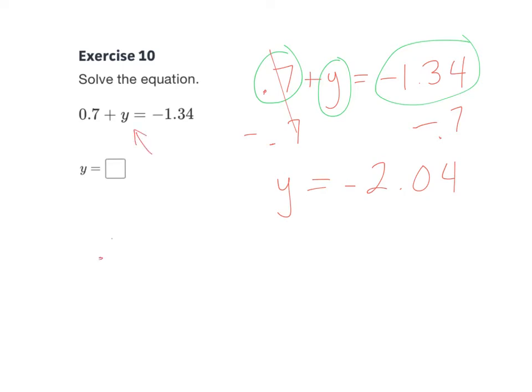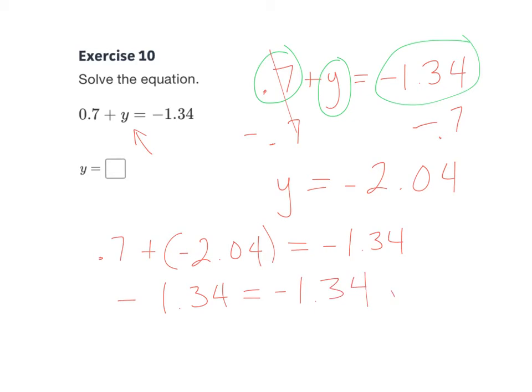So I'd have 0.7 plus a negative 2.04, and that's going to equal negative 1.34. I'm just going to use a calculator to make sure that I'm doing this right. I got 0.7 plus negative 2.04 is going to give me negative 1.34, and that's equal to negative 1.34. And so there is my check. Here is my answer.